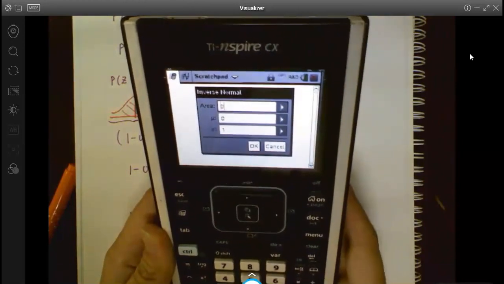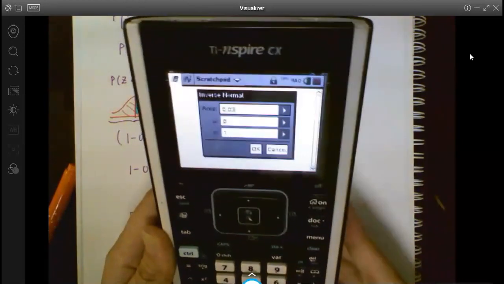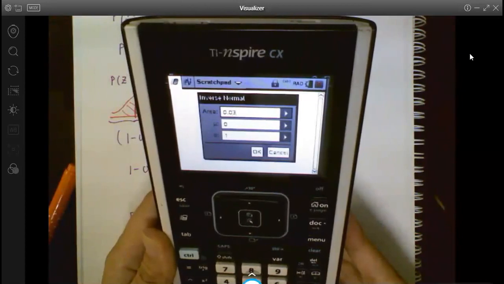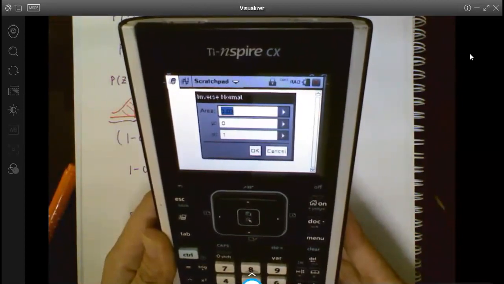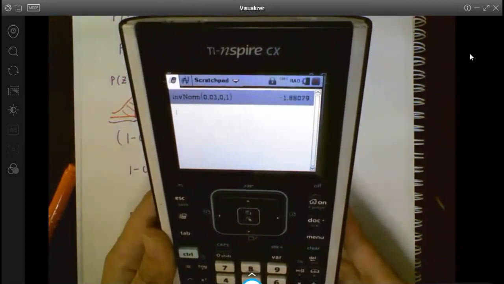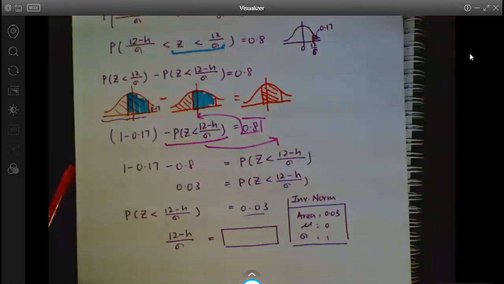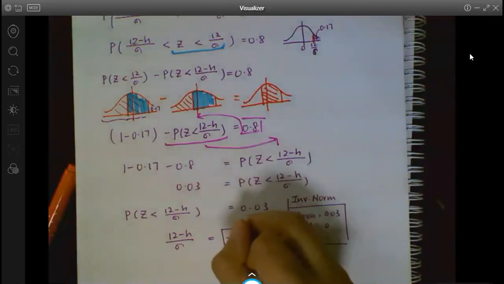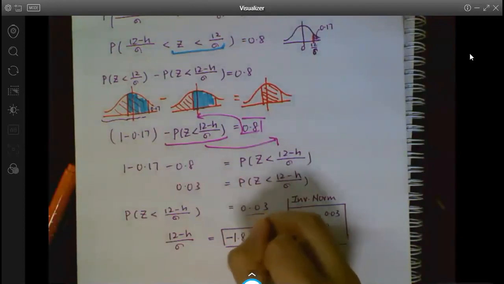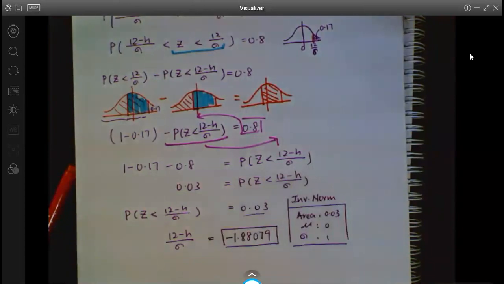Put in the area 0.03, mu is 0, sigma is 1, okay. Negative 1.88079. Negative 1.88079.